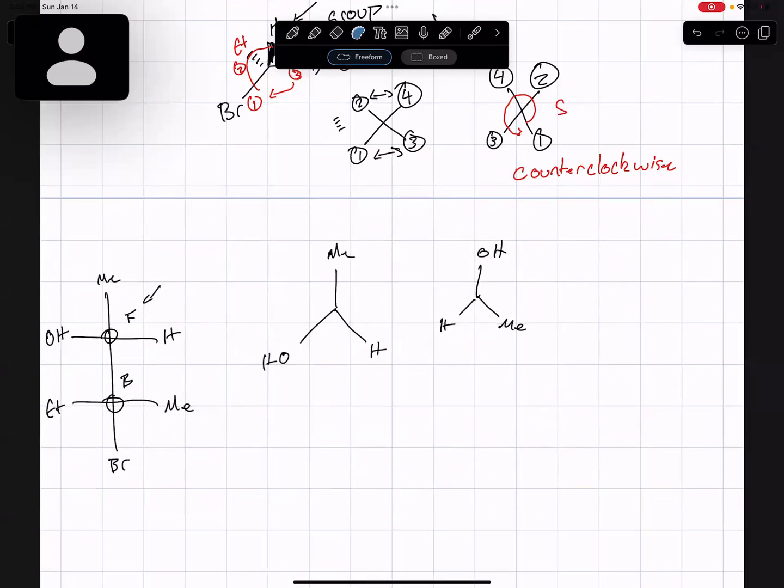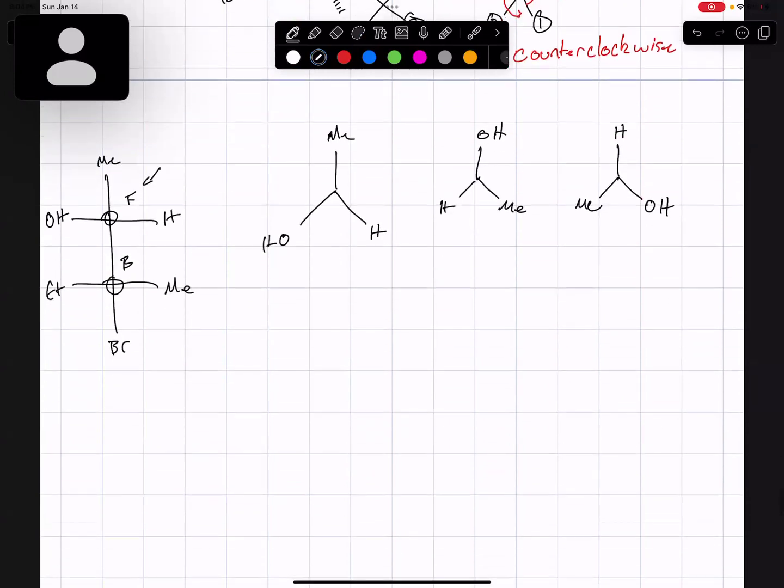Or equally, you could have had H on top, OH on the right, and methyl. The same goes for the back carbon. Let's say the back carbon has ethyl on the left, methyl pointing to the right, and Br pointing down.